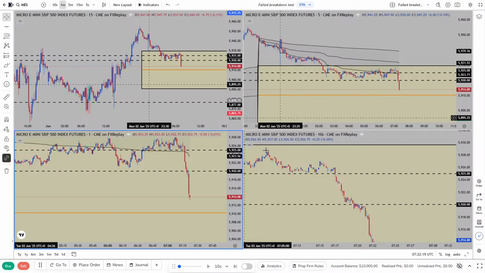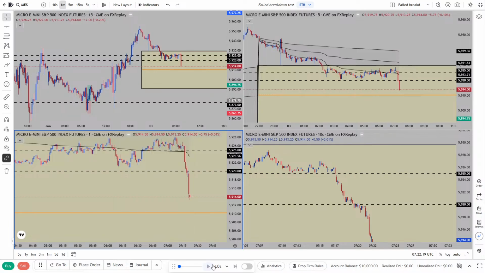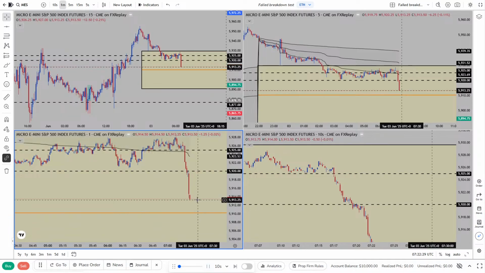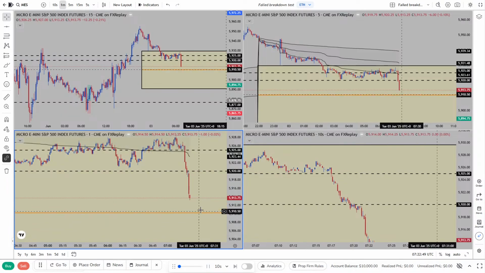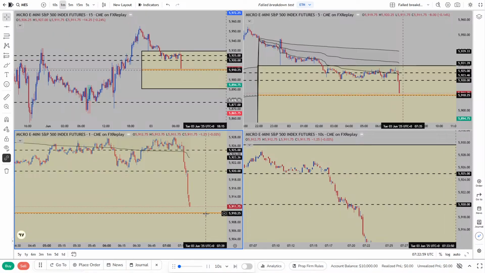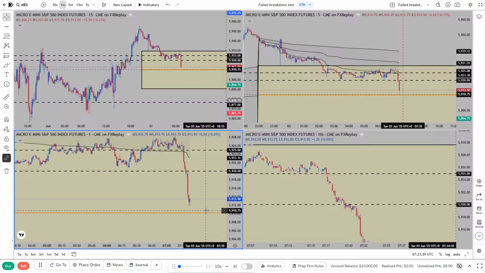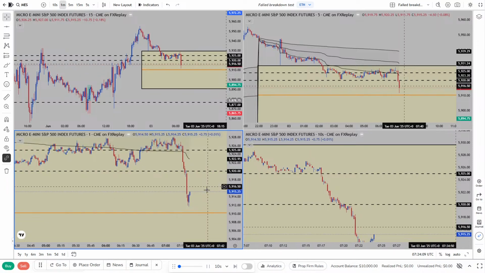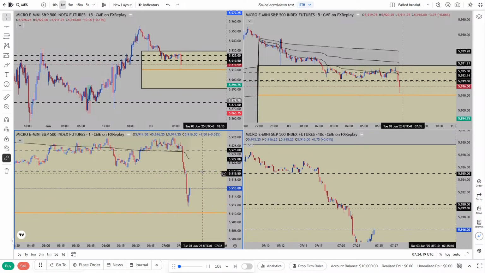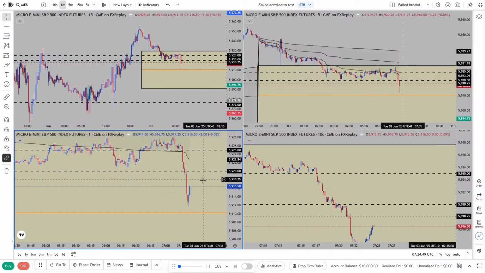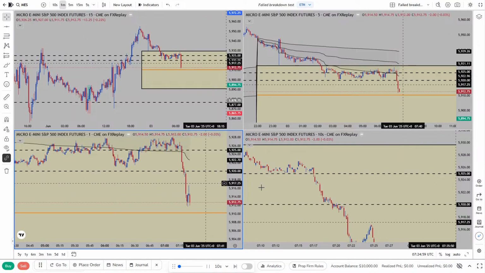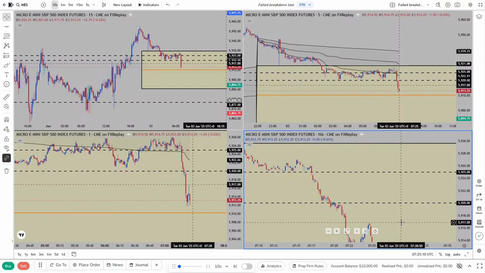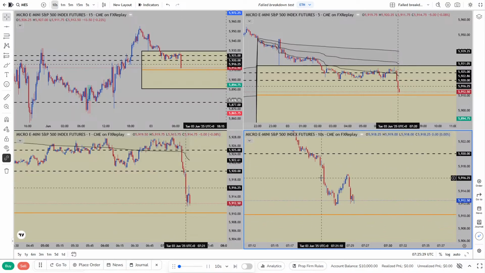Yes, okay, I got it. So we're gonna see price now returning to the previous VWAP, which many times has been support. Previous VWAP counts many times as a support zone or resistance. So we see now there's a failed breakdown and it's gonna return back to the 5920s.